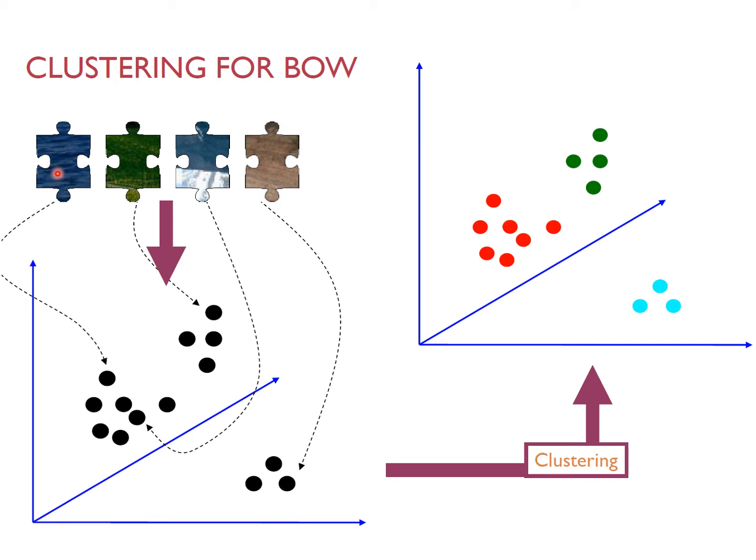For example, if we're using SIFT, we have a 128-dimensional feature. So this feature space is 128-dimensional, and each patch is a feature point in the feature space. Then you put all the patches in, and clustering means that if a lot of patches look very similar or are close by in the feature space, you just group them.